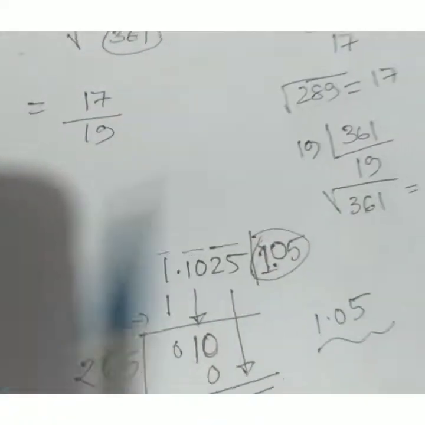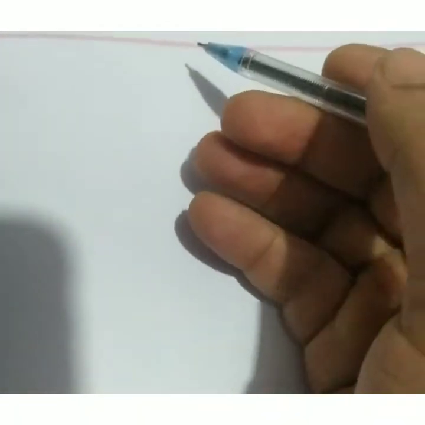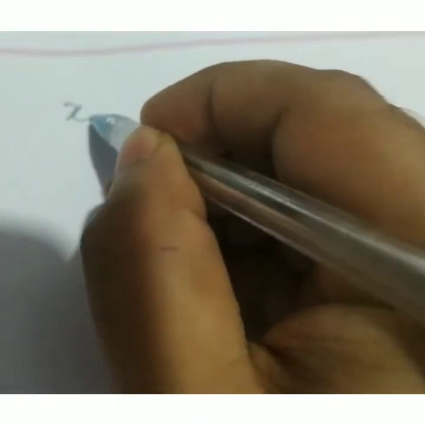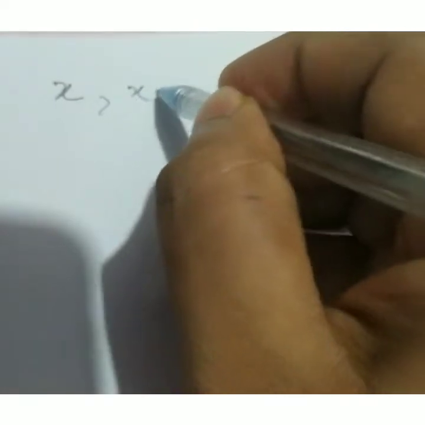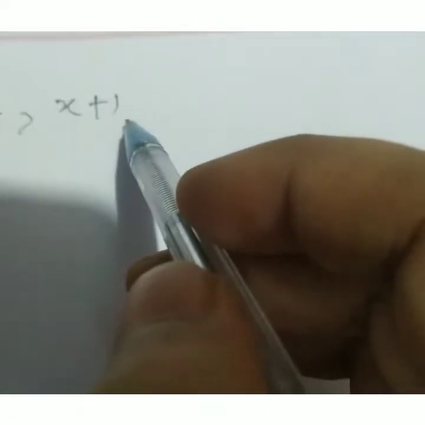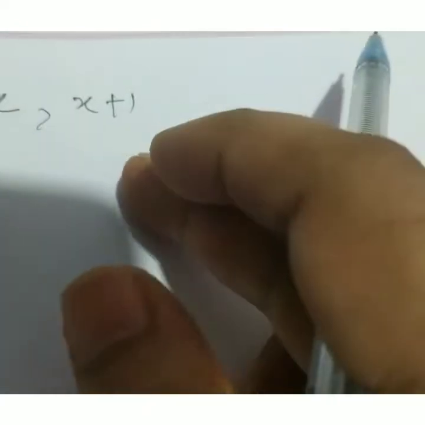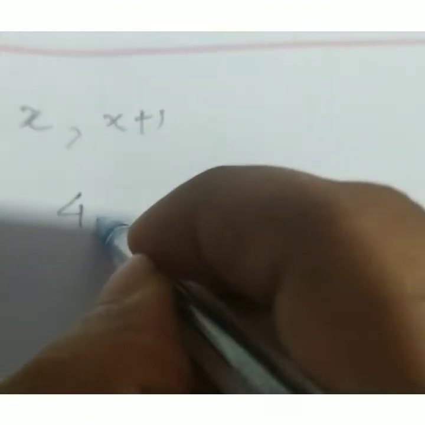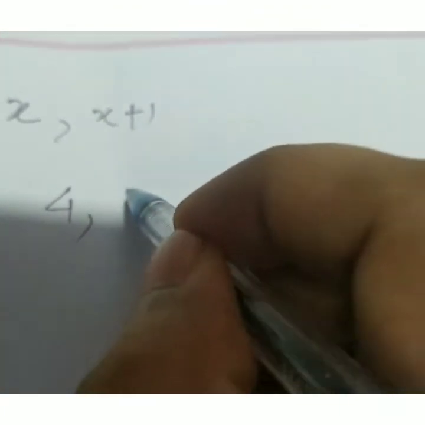So let us say I don't know the consecutive numbers. What does consecutive number mean? If one number is x, the next number should be x plus 1. For example, let us say 4. So the next number will be 5.